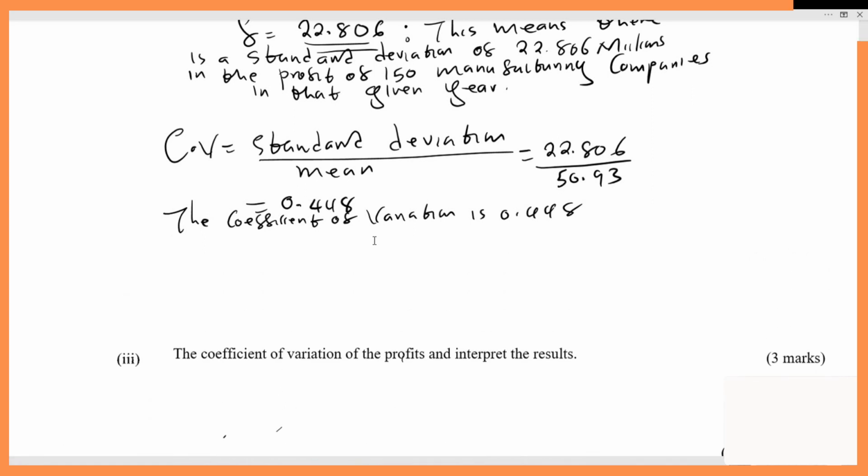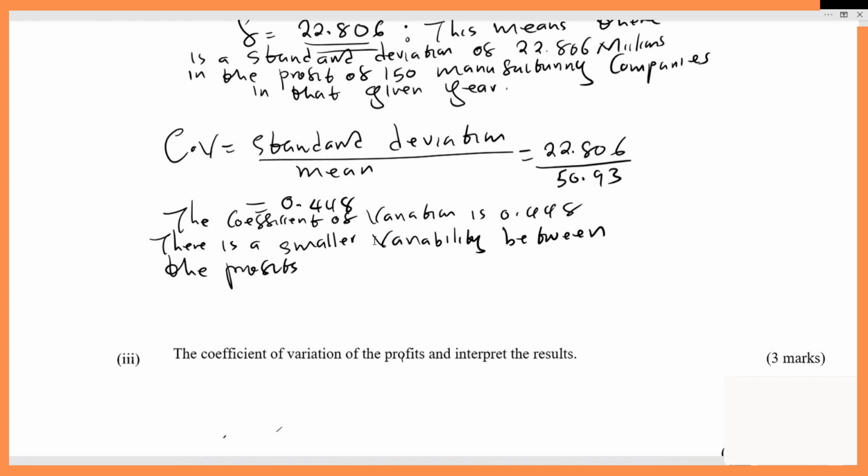So in this case, we say there is a smaller variability between the profits of manufacturing companies.